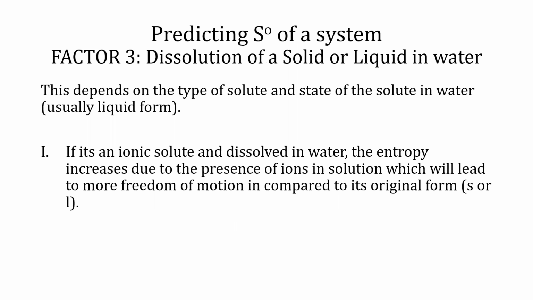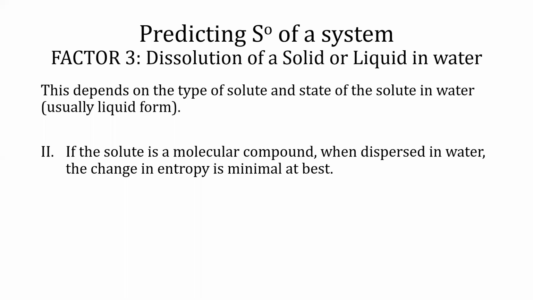If you take an ionic solid and dissolve it in water, the entropy increases due to the presence of ions in solution, which will lead to more freedom of motion compared to its original form. If the solid is a molecular compound when dispersed in water, the change in entropy is minimal at best.